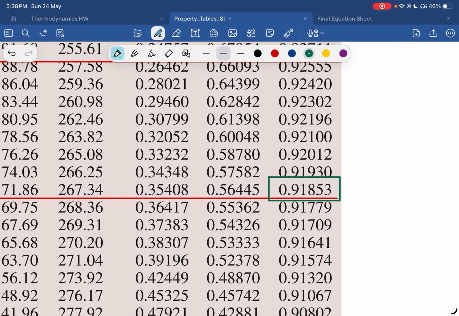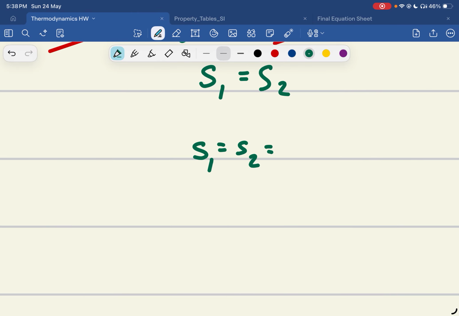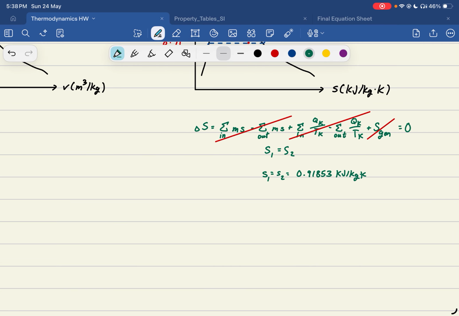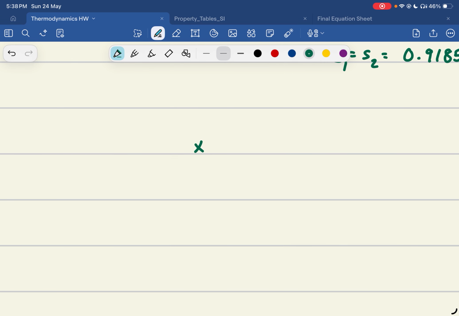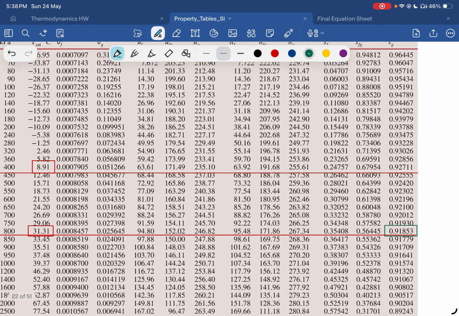So we have 0.91853, and S2 equals 0.91853 kilojoules per kilogram Kelvin. Okay, so now we can find the quality: S2 minus S of f over S of fg. We should find the quality for the second state.